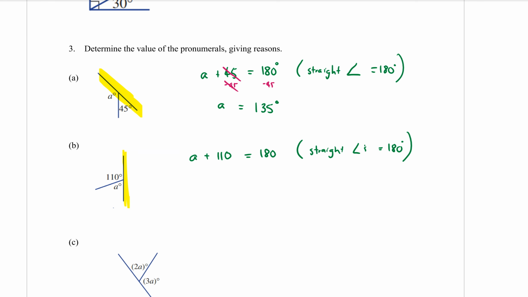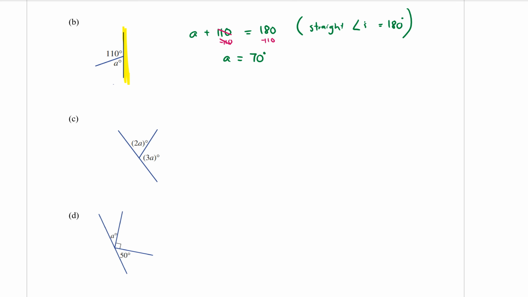Now to solve that, to get the A by itself, I want to subtract the 110. Okay, so 180 minus 110 means that A is equal to 70 degrees.